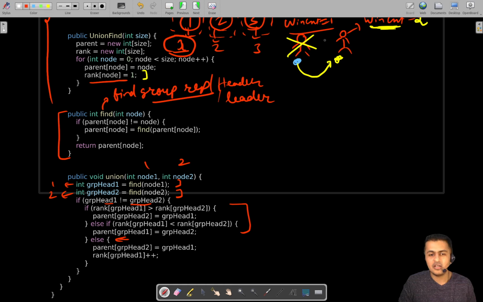So here we are just increasing the rank of the head that we have chosen by default. And parent is just like an array that will be showing the group leader in a way. You can say parent or group leader.